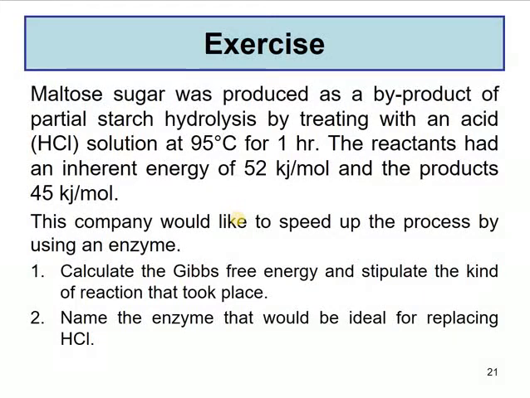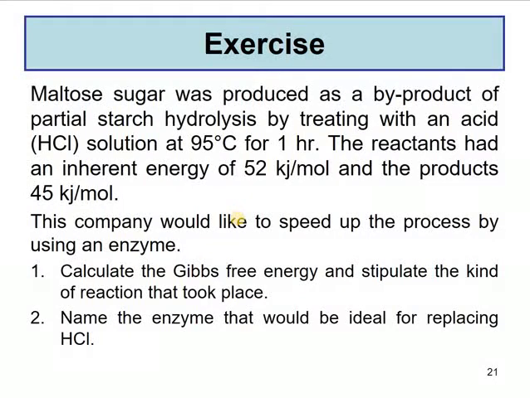The problem to be solved is that the company would like to speed up the process by using enzymes, because 95 degrees Celsius for an hour is too long, and the energy they're using is quite high. The first question is to calculate the Gibbs free energy and stipulate the kind of chemical reaction that took place.